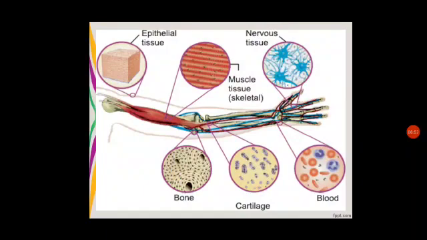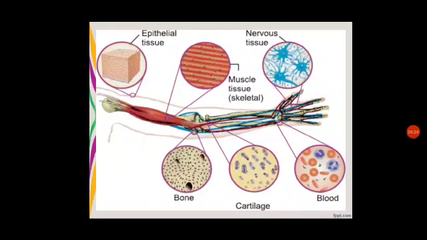Here you can see the picture of the human arm, and there are three types of tissues: epithelial tissues, muscle tissues, and nervous tissues. These all are in one arm. Muscle tissues are in the upper side of the arm, epithelial tissue is on the skin, and there is also the bone, cartilage, and blood.